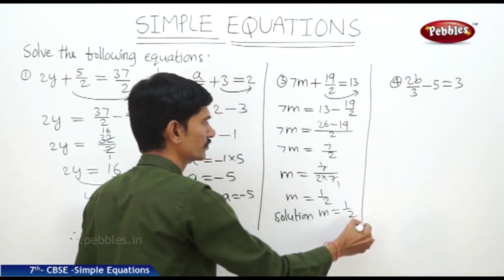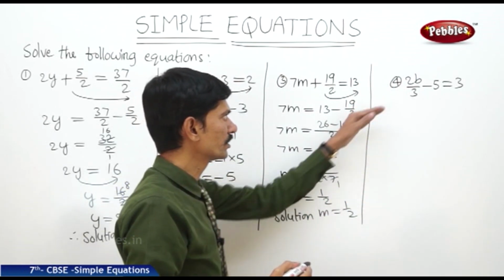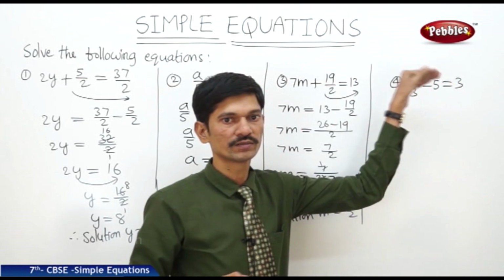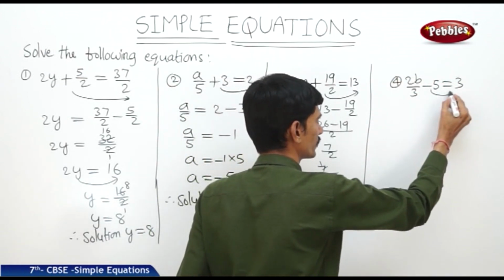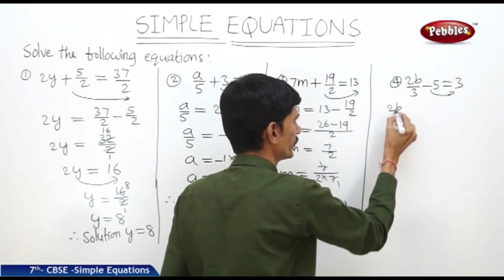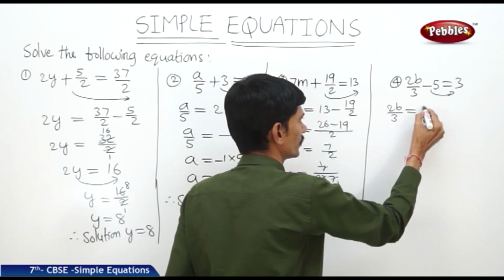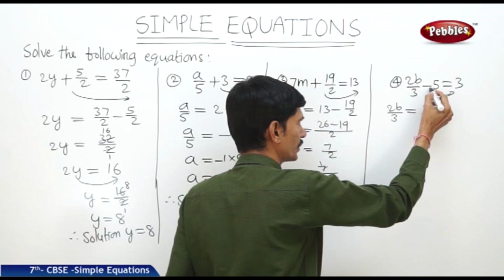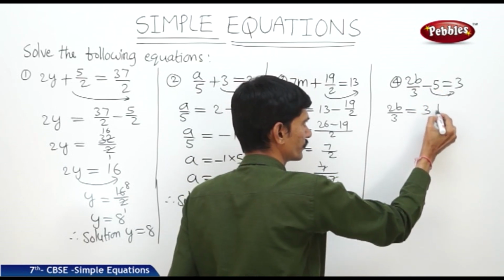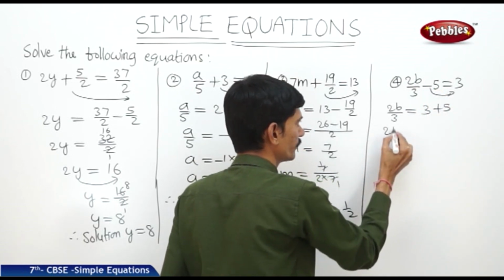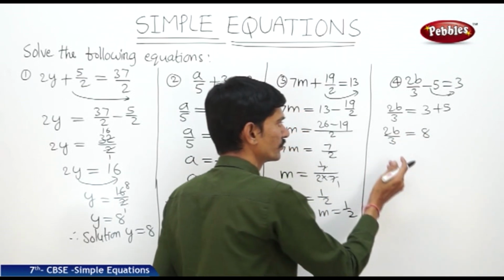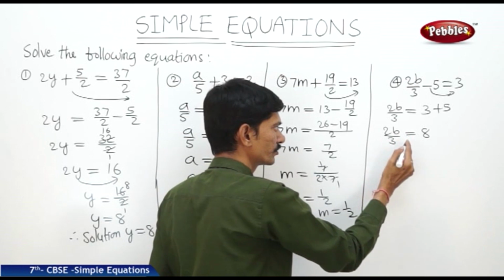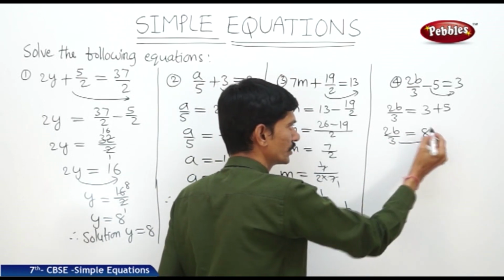Now the next equation, 2b by 3 minus 5 equals 3. Here we should transpose minus 5 to the RHS. When minus 5 is transposed to the RHS, it becomes plus 5. So then 2b by 3 equals 3 plus 5, which is 8. Now division by 3 should be transposed, then it becomes into 3.